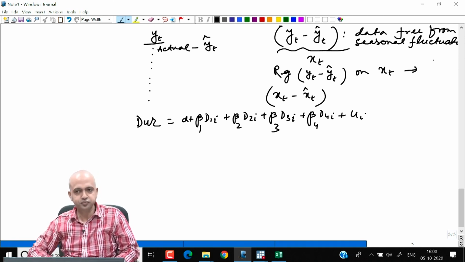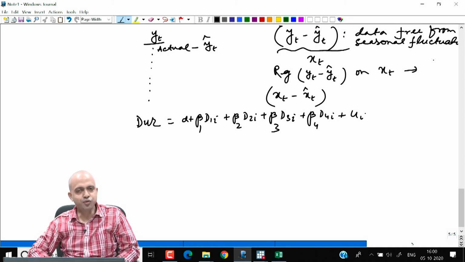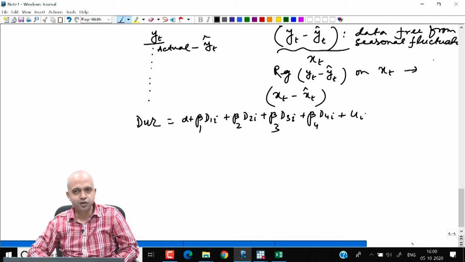So with this, we are closing our discussion on dummy variables. Now, so far, in all the dummy variable models, we use dummies for some of our independent variables. For example, here we are using a dummy for the season or quarter, which is independent.